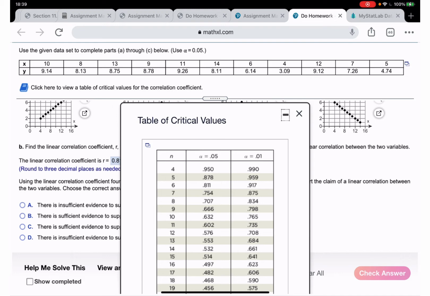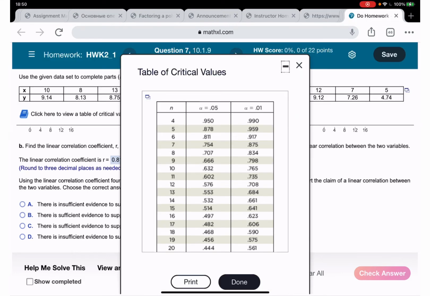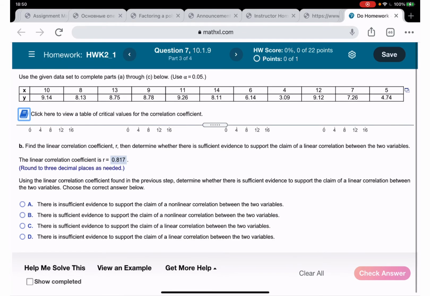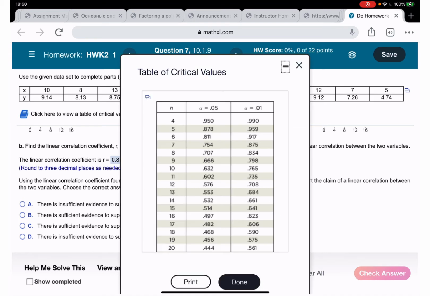Let me count: 1, 2, 3, 4, 5, 6, 7, 8, 9, 10, 11. So we have a total of 11, alpha 0.05.